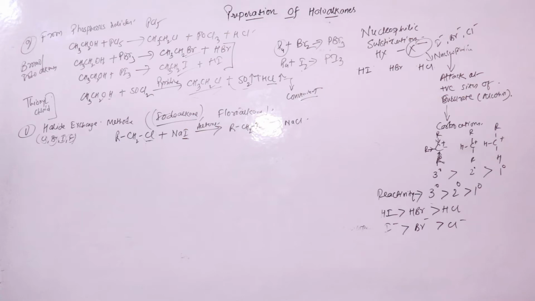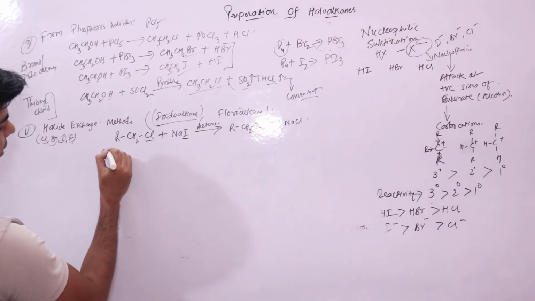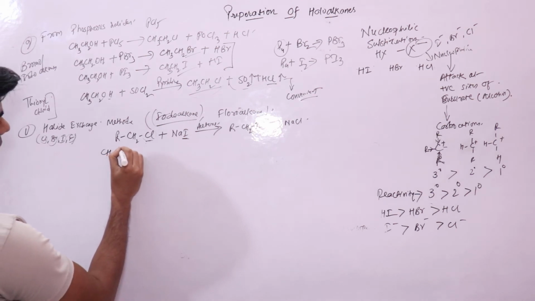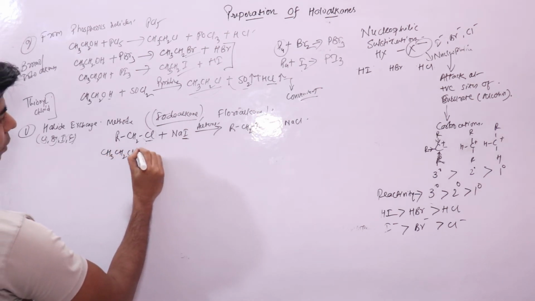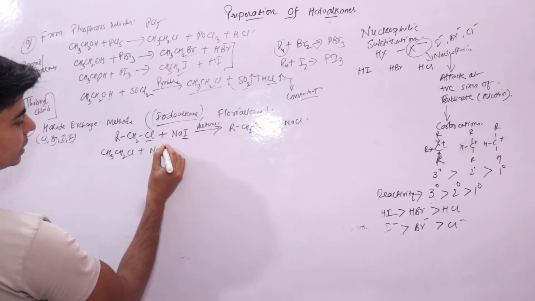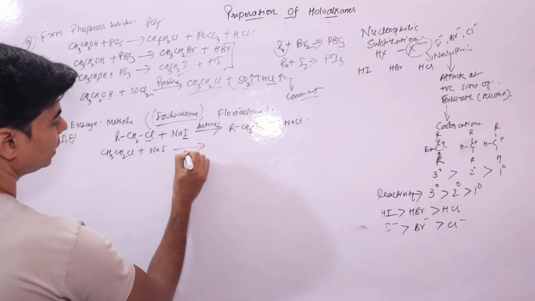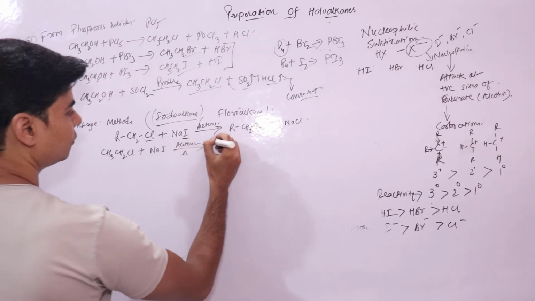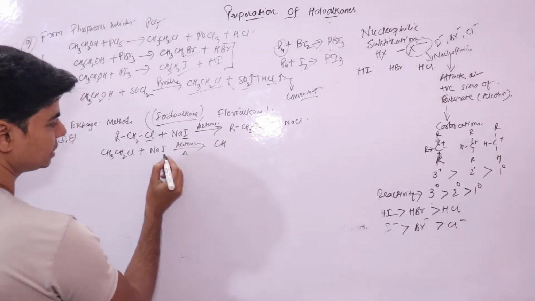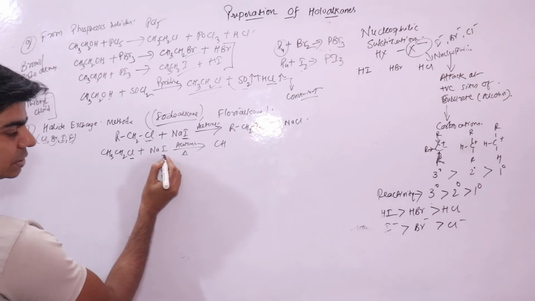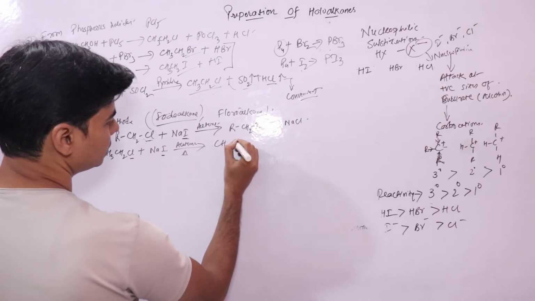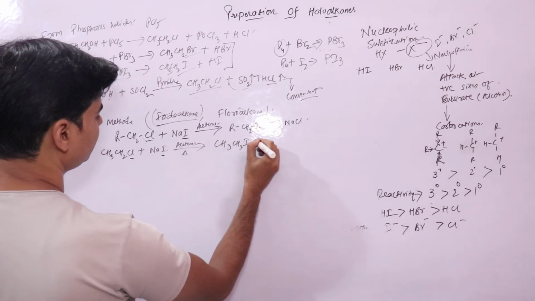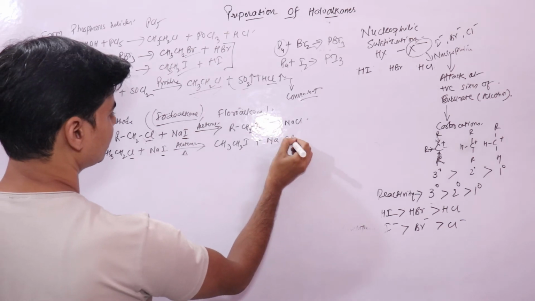Let's take one example. If in place of R we just take ethyl chloride, CH3CH2Cl, it will react with sodium iodide. When heated in the presence of acetone solvent, halide exchange will take place. This Cl would be exchanged with this iodine, giving CH3CH2I plus sodium chloride.